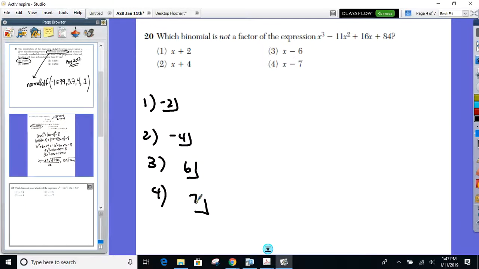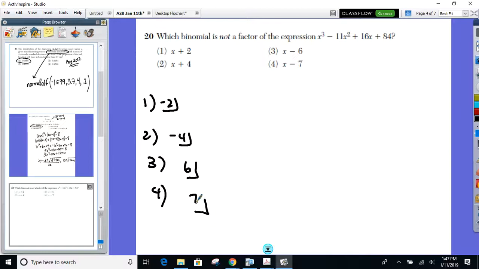For this problem, there's a shorter way. But if that's the only thing that pops in your mind, do it. You don't have to come up with the shortest way. Nobody's going to know how you solved it. This is one way to synthetically divide and see which one does not have a remainder of 0. Because we're looking for not a factor, one of these is not going to have a remainder of 0, and that's going to be our answer. All right, so what's the shorter way?